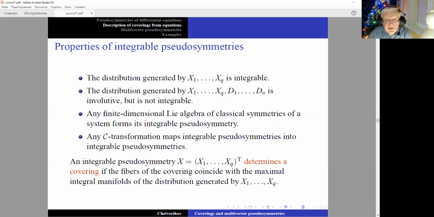An integrable pseudosymmetry X determines a covering if the fibers of the covering coincide with the maximal integral manifolds of the distribution generated by x1, ..., xq.